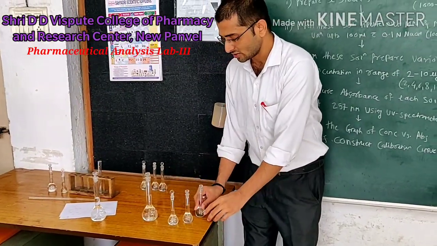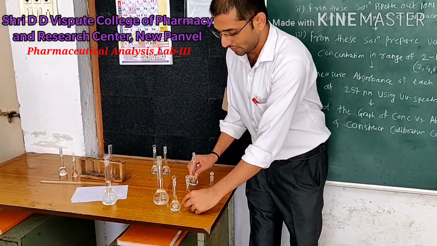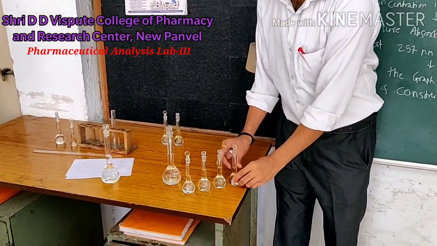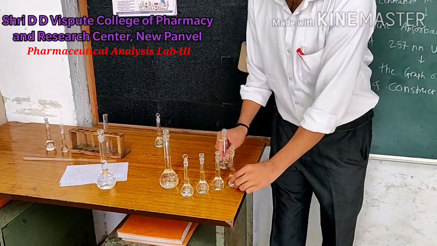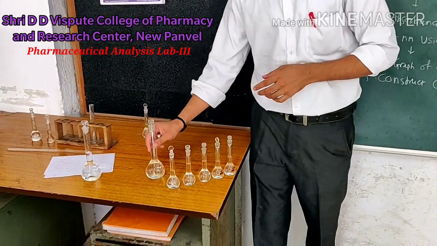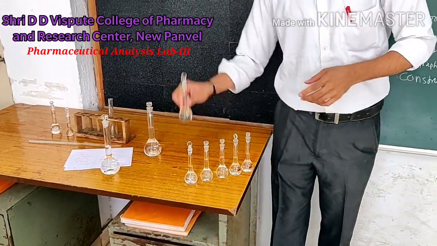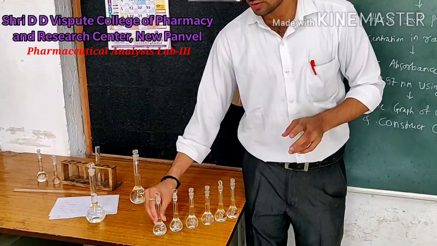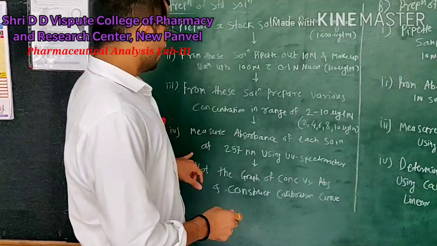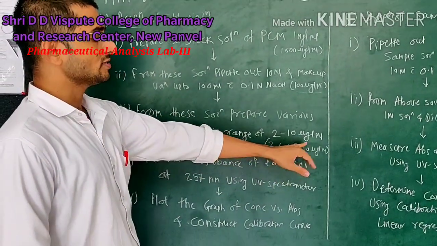So a total of 5 different concentrations are prepared from this stock solution. Then prepare one blank also for the auto zero.